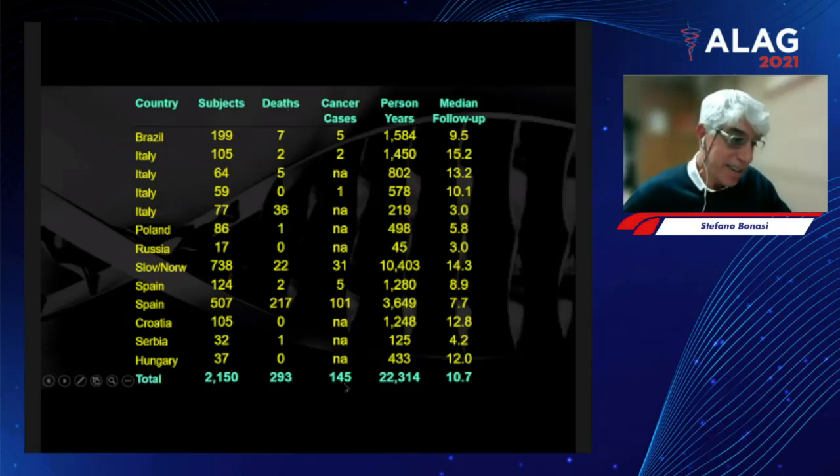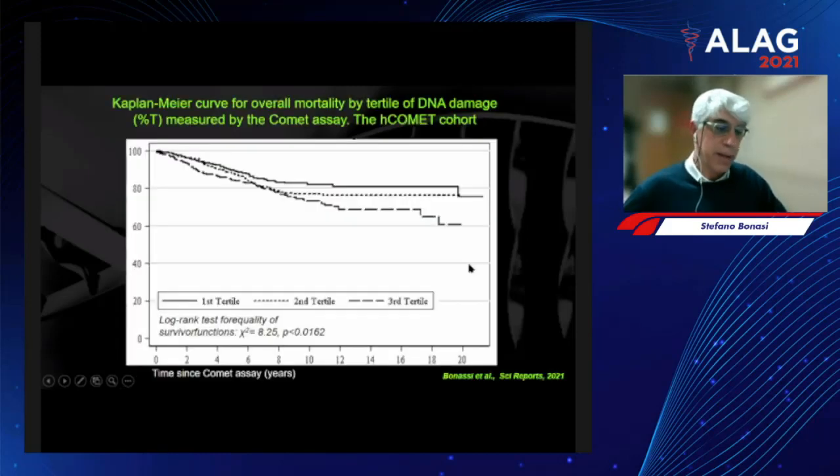Unfortunately, the number of cancer cases was not so large, so results for cancer were not very stable. The total was about 22,000 person years for a 10 year median follow-up. The results, however, are quite intriguing.